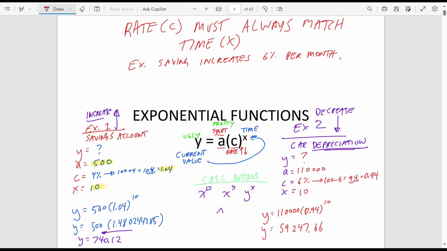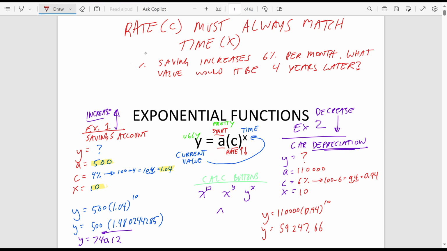Okay. What value would it be 4 years later?